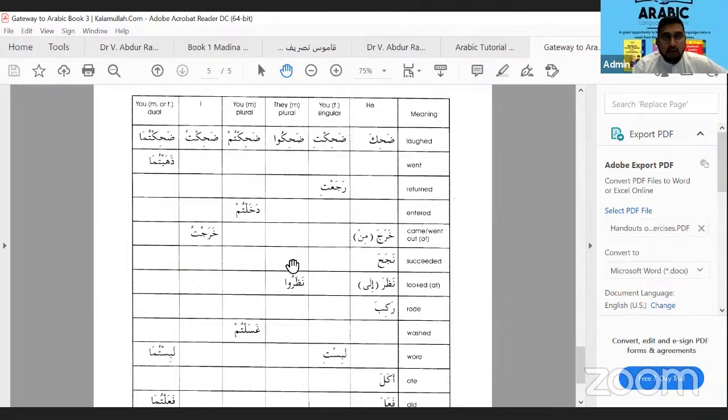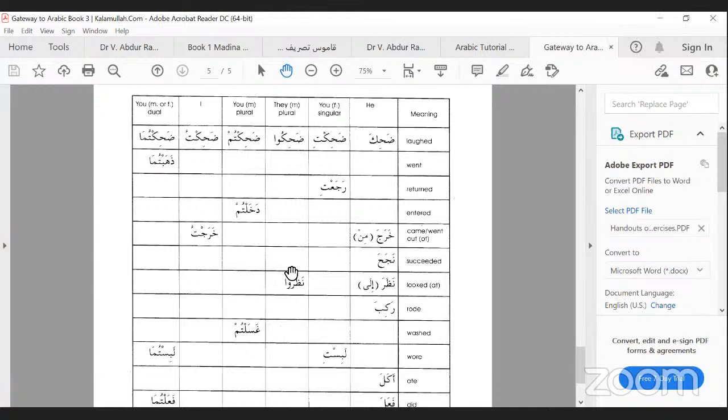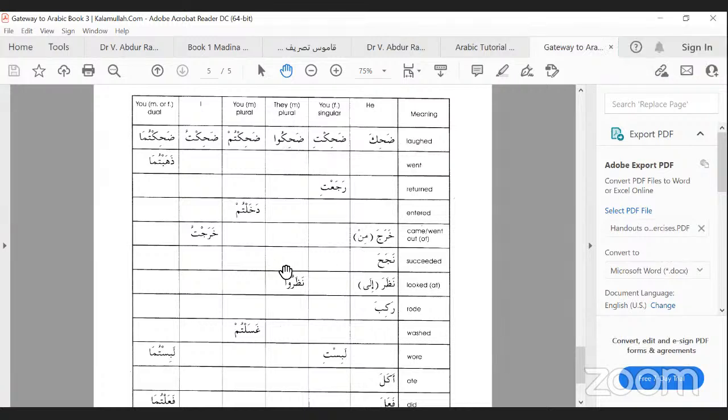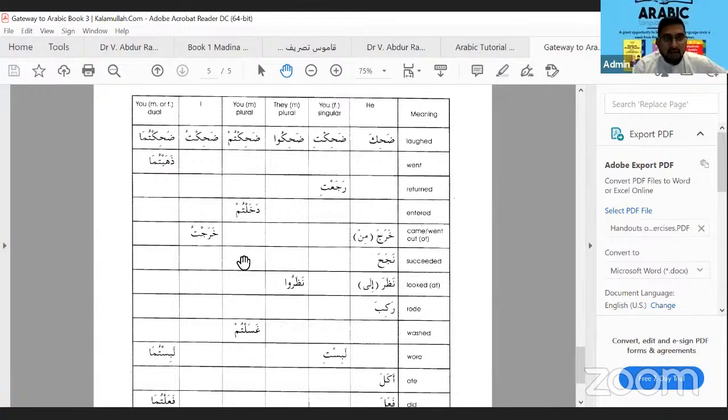And the next one, they all boys succeeded. Najahtu? No, add a waw, like dhahika to dhahiku. Najaha to najahu. Najahu, excellent.